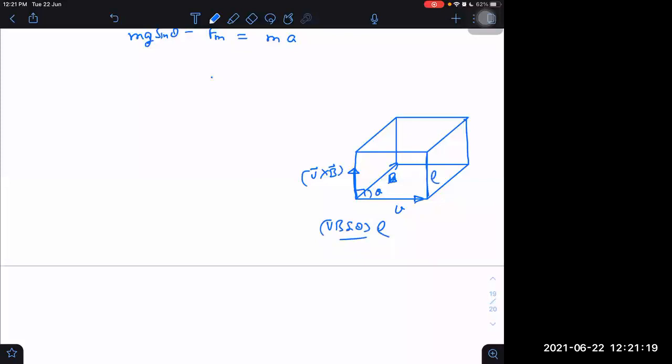I don't have to take the component of this third side now. Why? Because the third side is already perpendicular to the parallelogram. Then I can take V B sin theta into L. But if the third side is also a little bit inclined and making some other angle with the plane containing V and B, then again I have to take the component of L also.